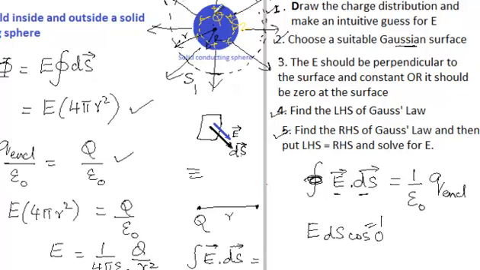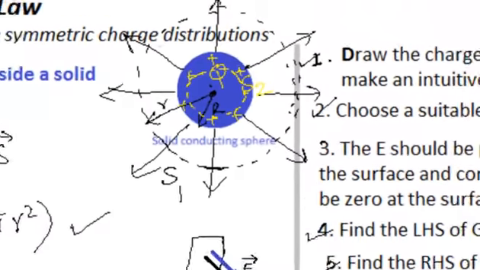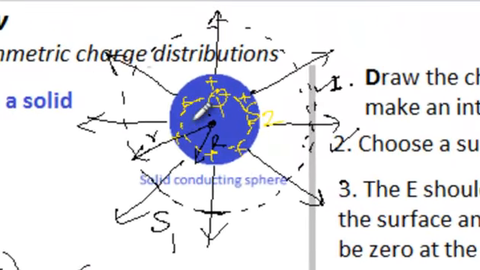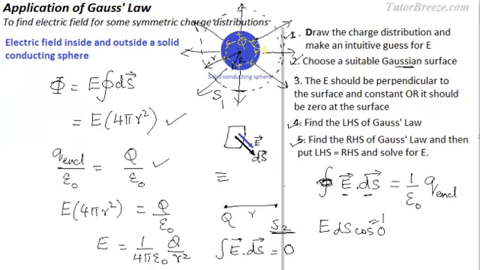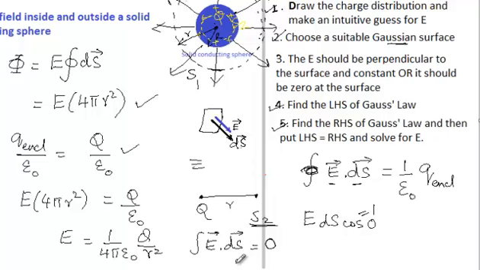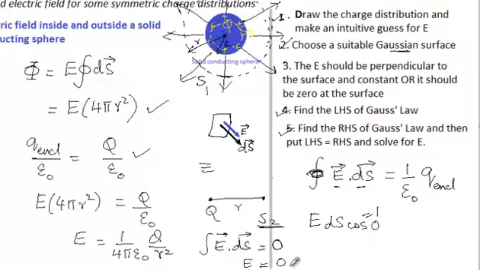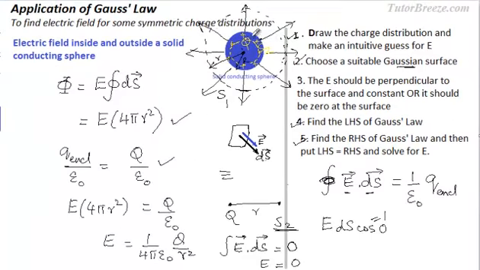Now this Gaussian surface S2, which is inside the solid sphere, does not enclose any charge, so the charge enclosed is 0. This means the electric field inside the solid conducting sphere is 0 everywhere.